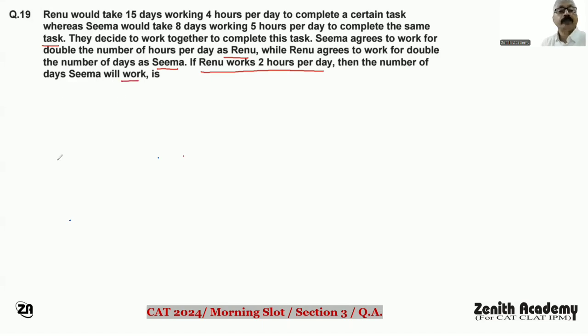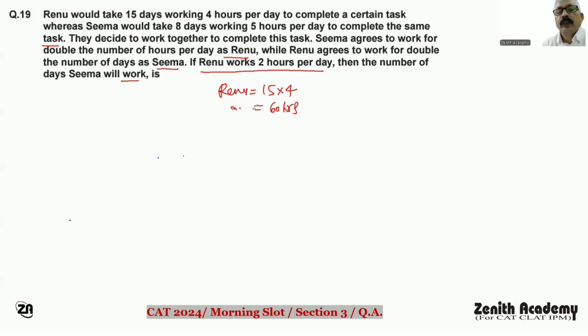Okay. So look here, in this question, when Renu works 15 days, working 4 hours daily, then she finishes the whole work. Means Renu finished the whole work in 15 into 4, which means 60 hours. 4 hours daily for 15 days.